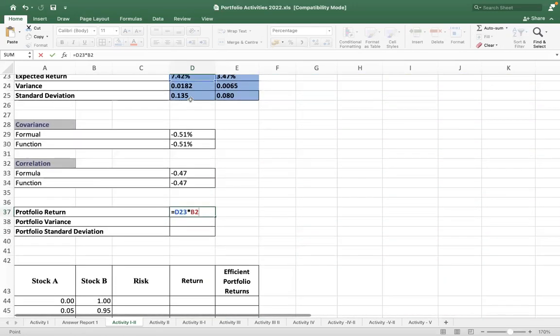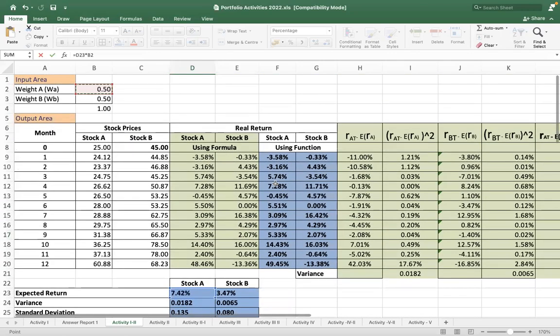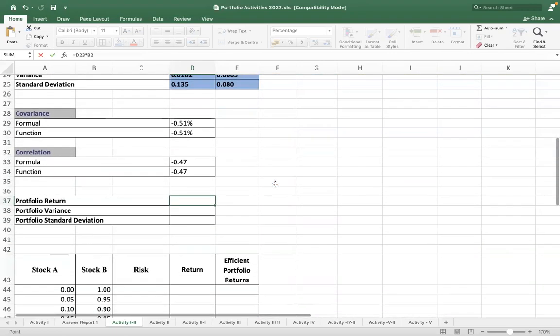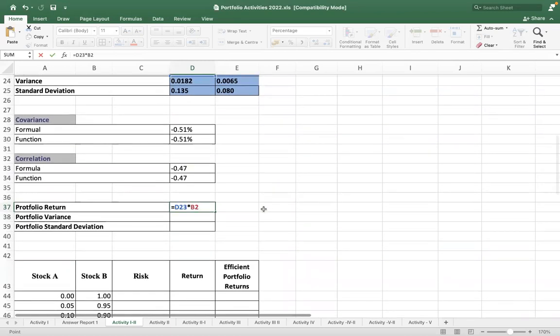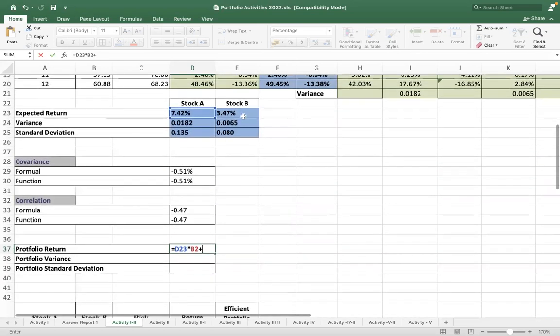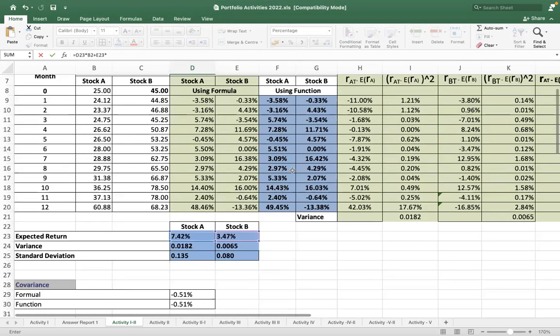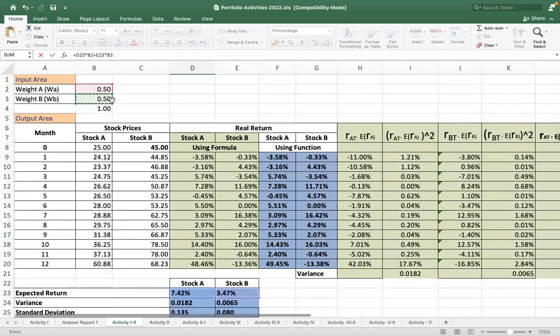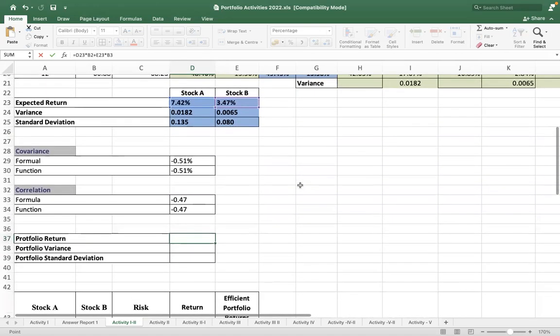So for our total investment, we invest half the amount on stock A for the moment. We assume that we invest 0.5, that is half of the total investment, plus expected return of stock B multiplied by its weight.